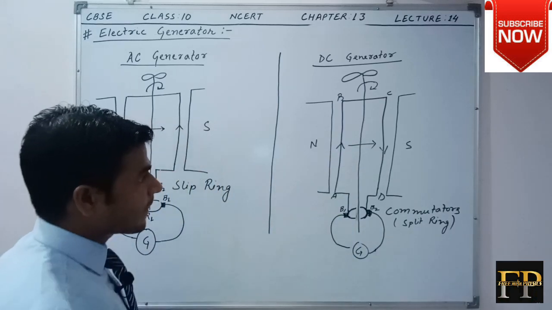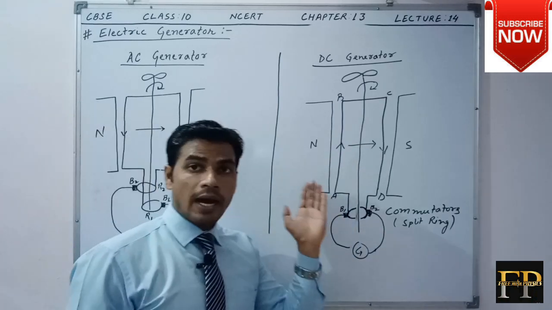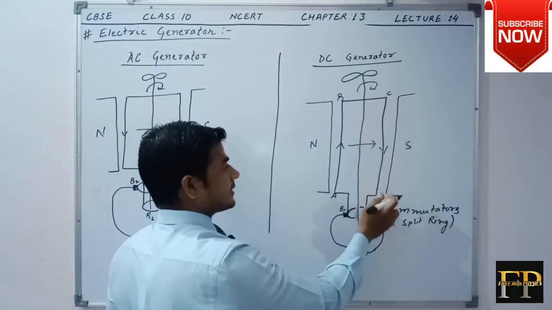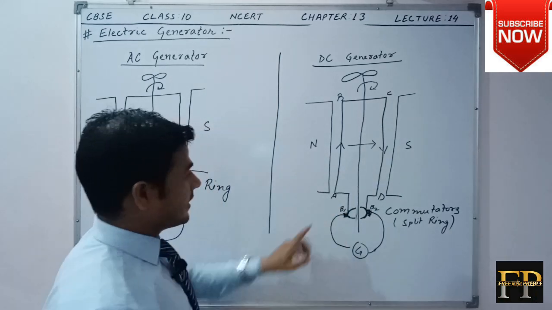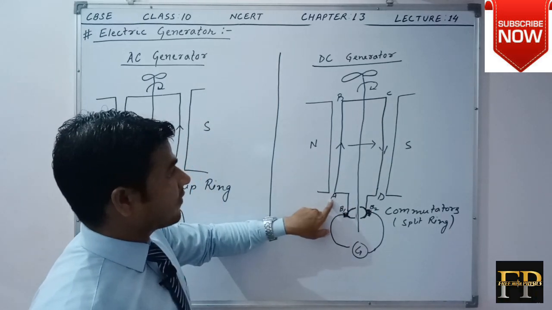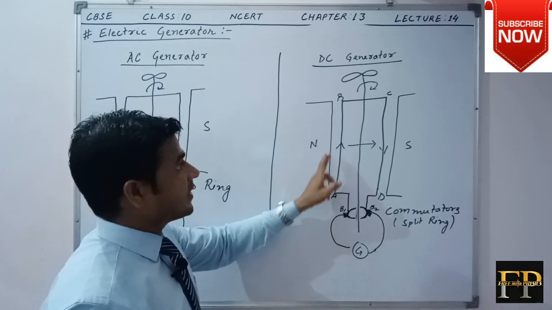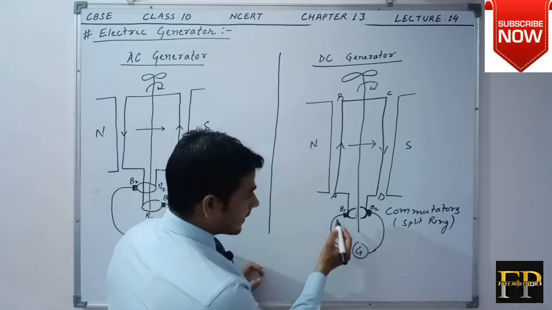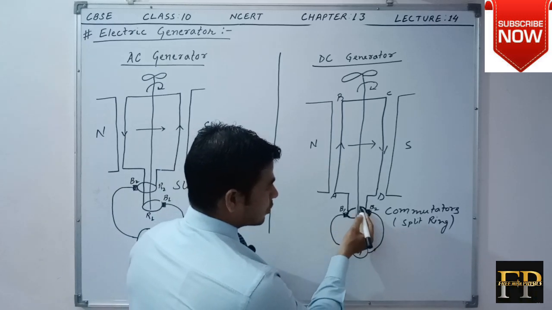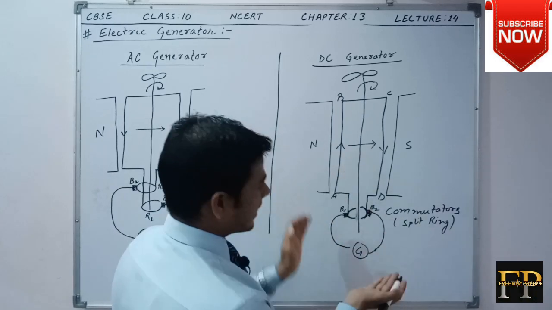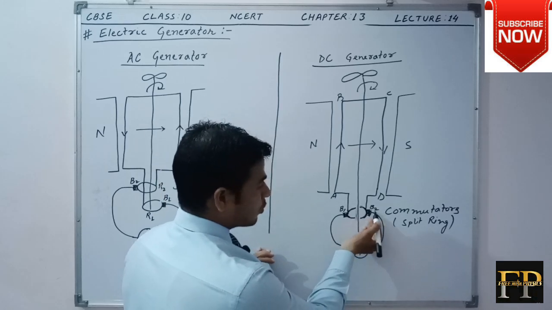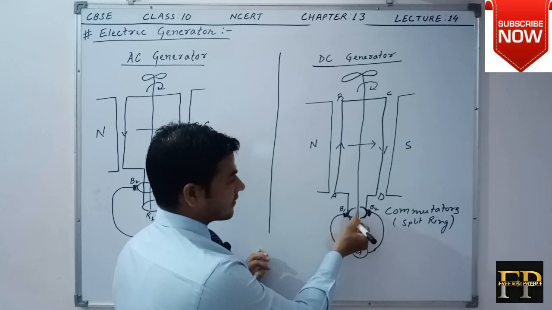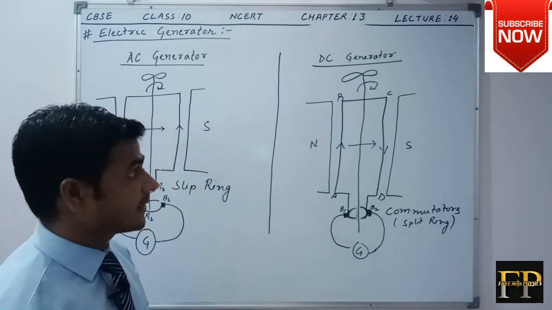Now, after half rotation, the side CD comes in the place of AB and AB comes in the place of CD, and B1 will connect to this commutator after half rotation and B2 will be connected to this commutator after half rotation.